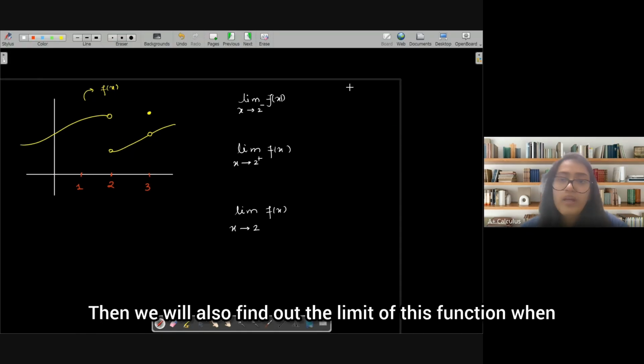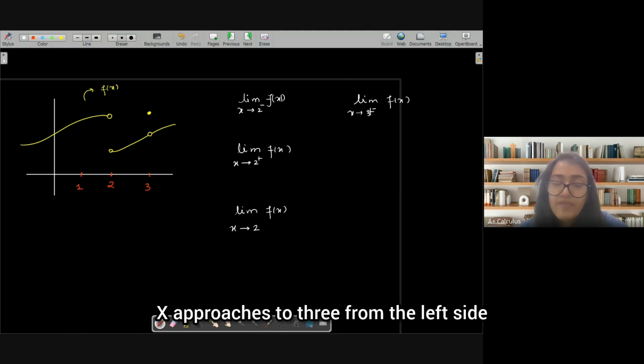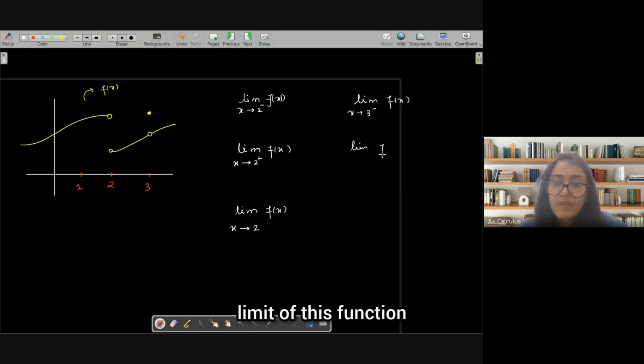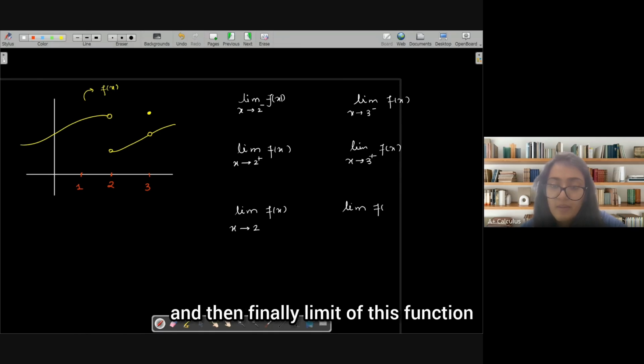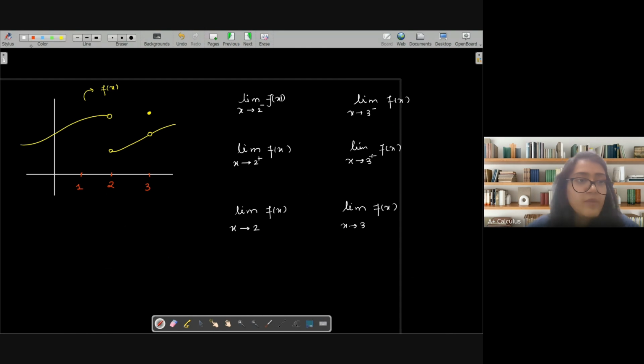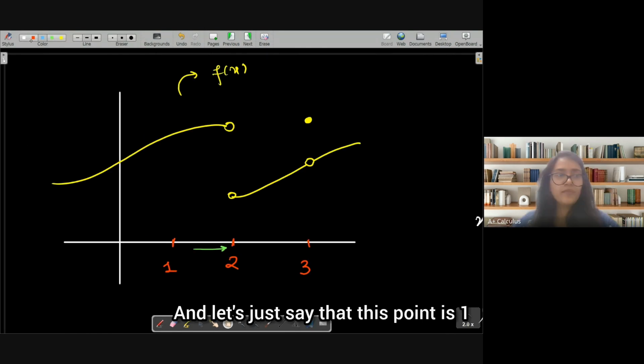Then we will also find the limit when x approaches 3 from the left side, then from the right side, and then finally the limit when x approaches 3.